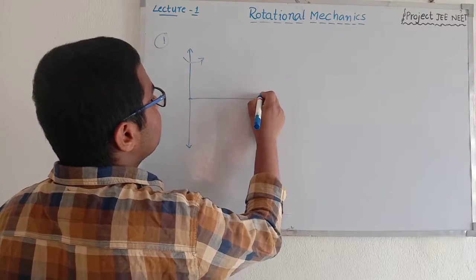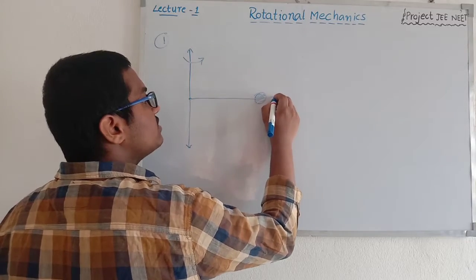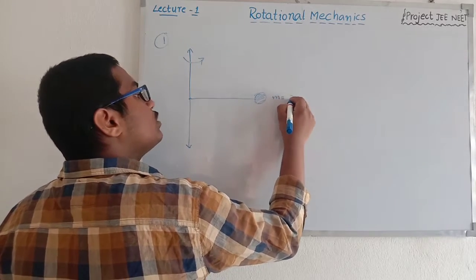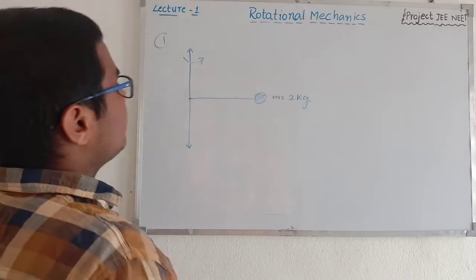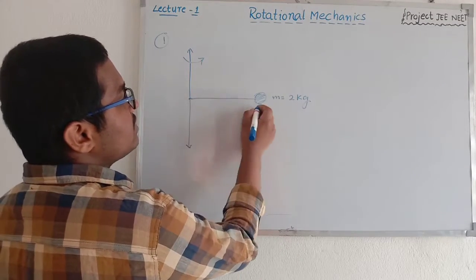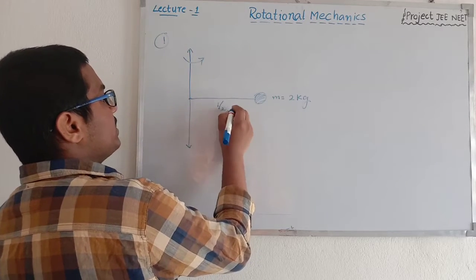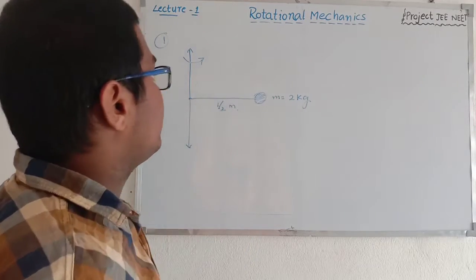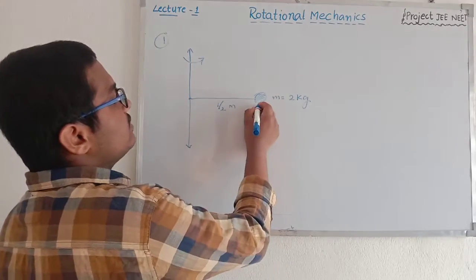This is the perpendicular distance from the mass of the body. Here the mass of the body is given as 2 kg. Then the perpendicular distance is given as 1 by 2 meter. Then calculate the moment of inertia of this body.